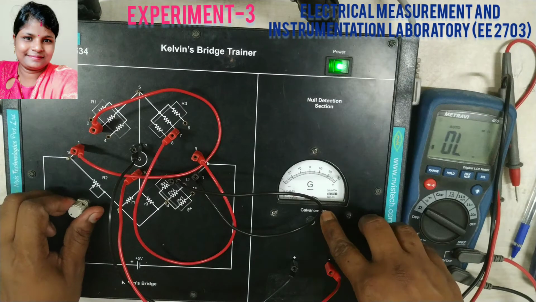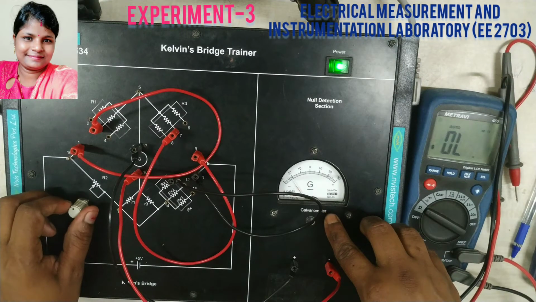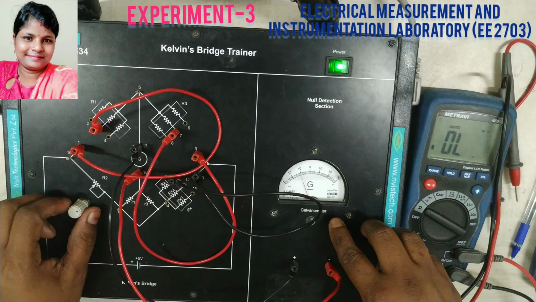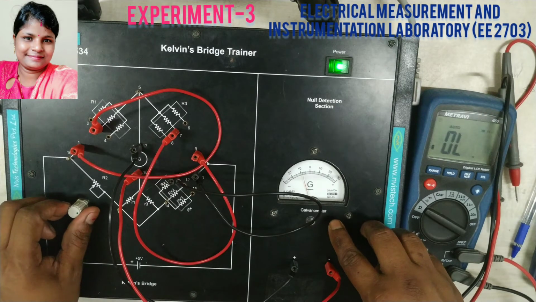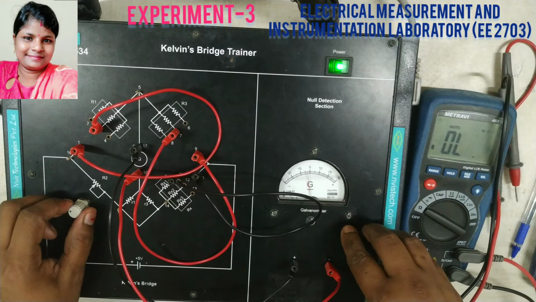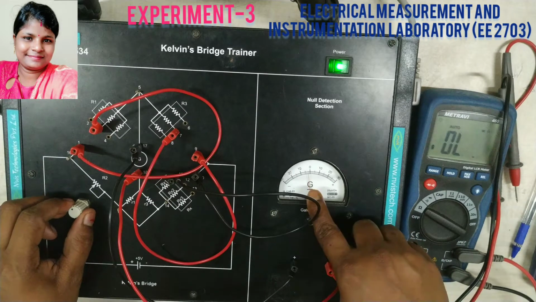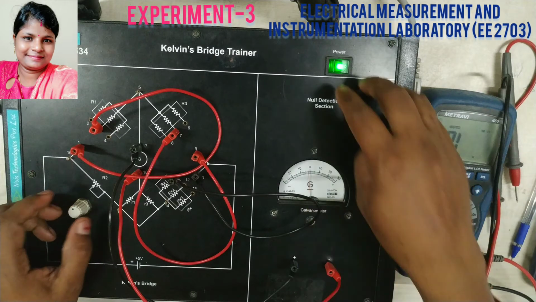Now we have to adjust the galvanometer to null deflection. Here the galvanometer shows null deflection.